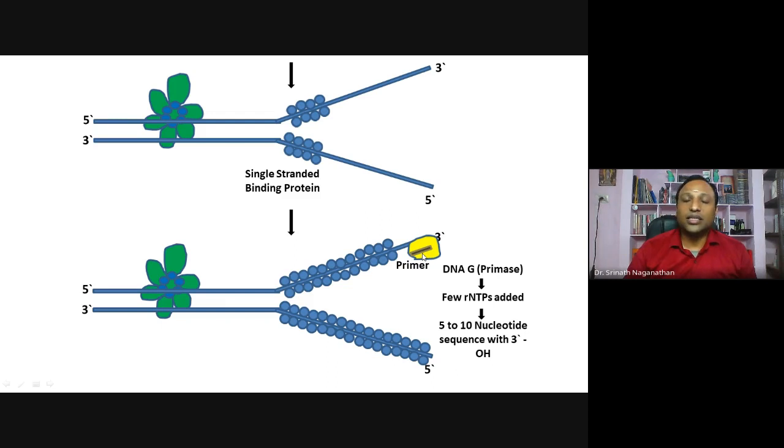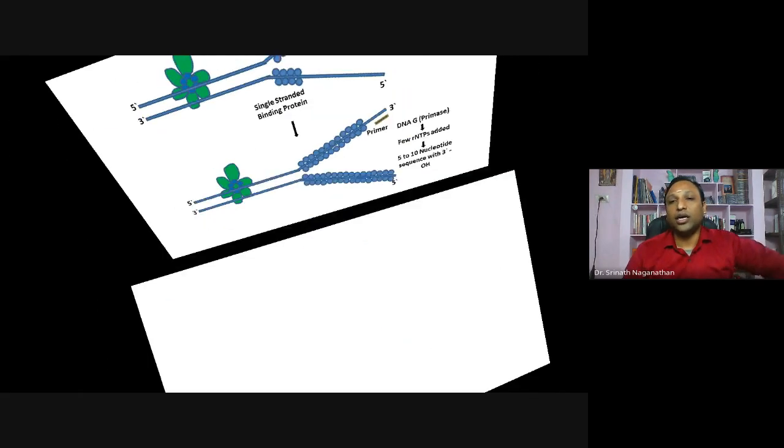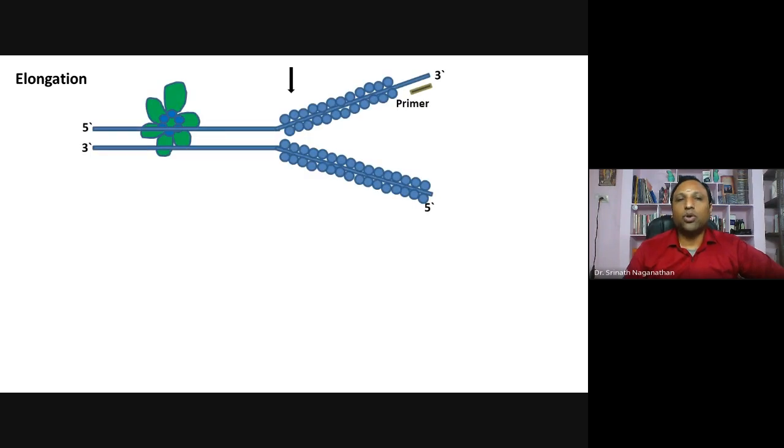This primase is actually a DNA dependent RNA polymerase. So they bring the RNA here, and after bringing the RNA, they can initiate the process of elongation.